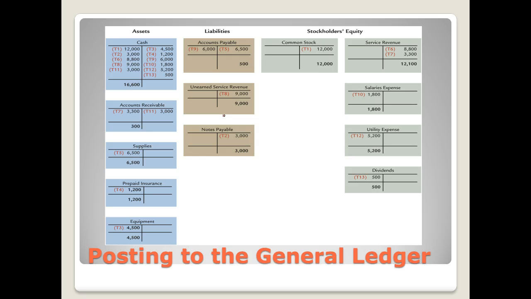So for transaction number 1, there was a $12,000 debit entry to cash, and there was a credit entry of $12,000 to common stock. Notice these are T accounts, right? And T accounts always have the debits on the left and the credits on the right.